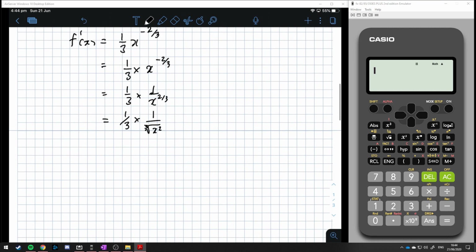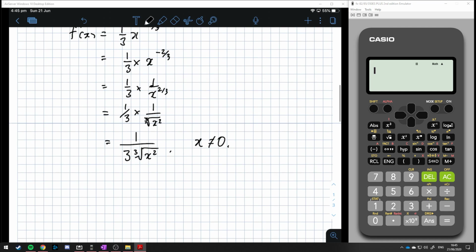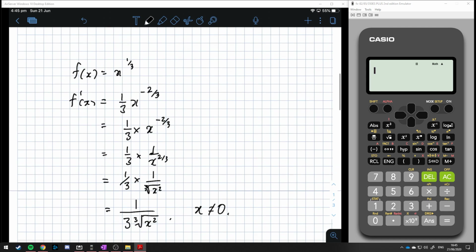So if I put that together, this would be 1 over 3 lots of the cube root of x squared. Now, if x was equal to 0 in this case, if I substitute 0 into there, I get 1 over 0, and that function can't actually exist. So that's how we get that vertical tangent. In that case, our derivative is going to be undefined at that point. So that's for the vertical tangent.